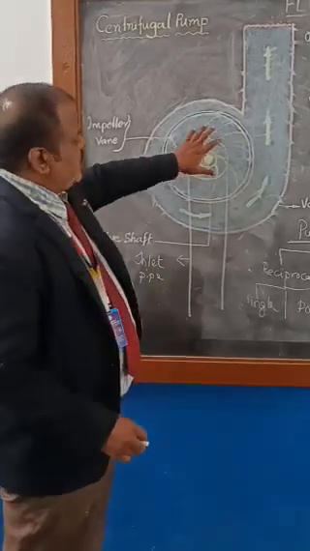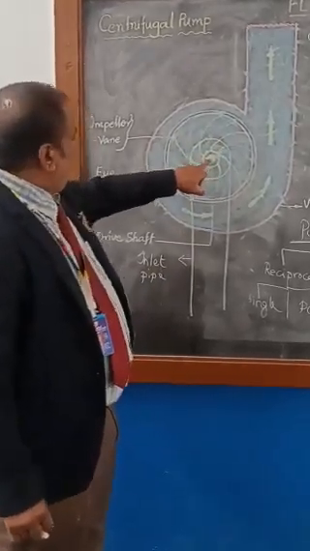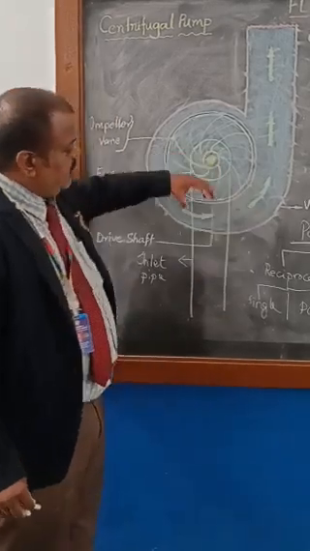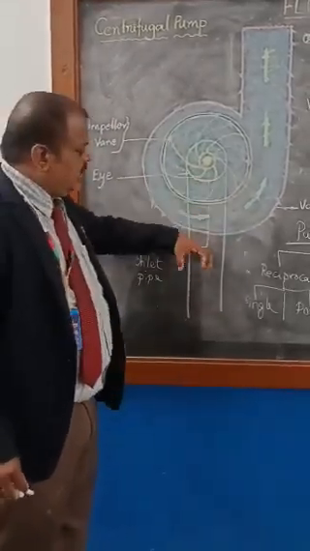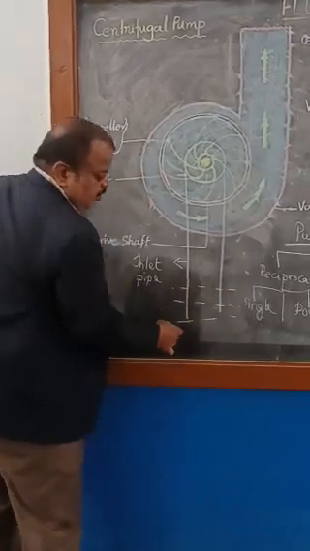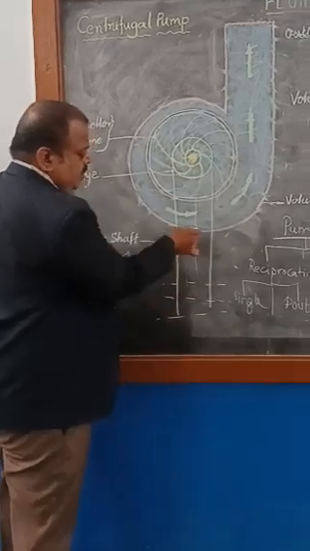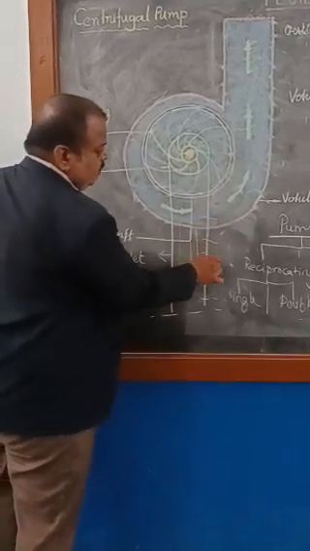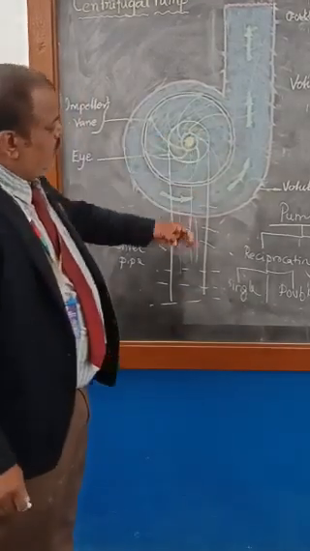The impeller rotates. When the impeller rotates, at the center, the eye of the pump, there will be a vacuum. The vacuum will create suction through the suction pipe. So the water which is at the underground level, what will happen? Due to the suction at the eye of the pump, the water rises. Since the suction pipe is filled with vacuum, it sucks the water through the suction pipe.